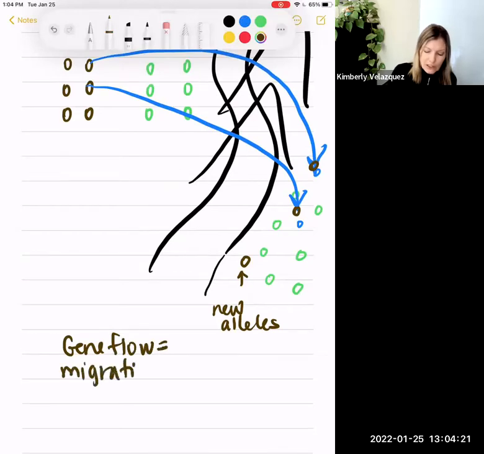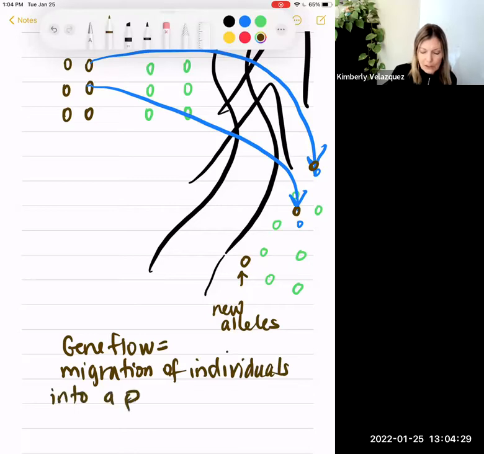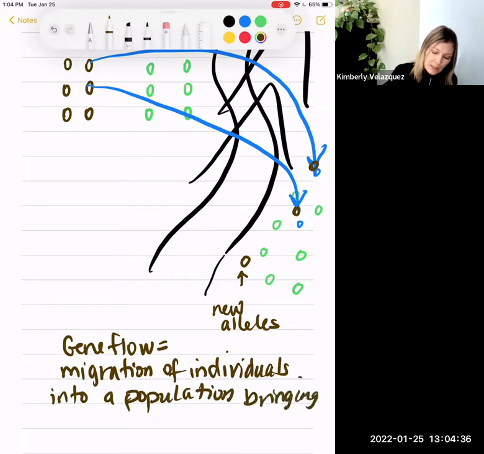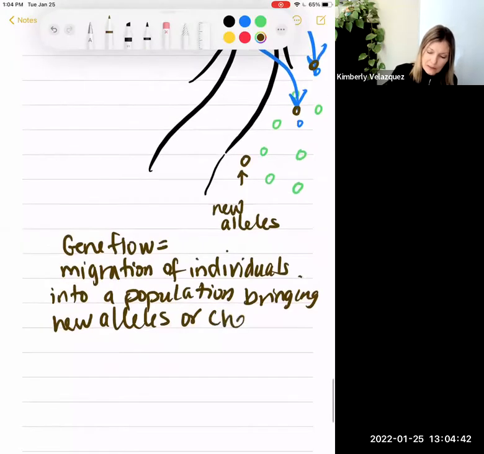So migration of individuals into a population, either bringing new alleles or just changing the frequency of existing alleles.